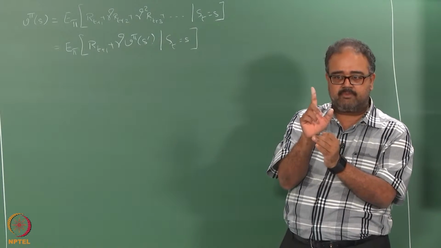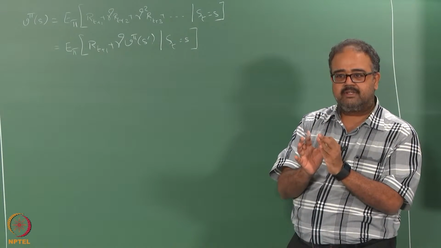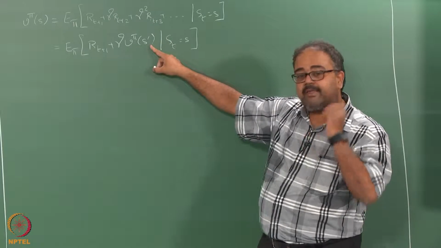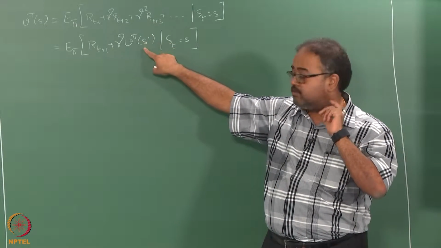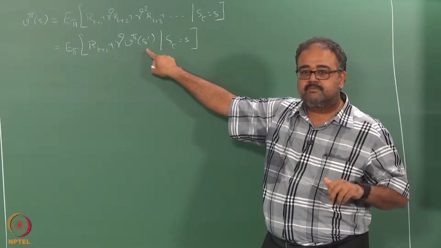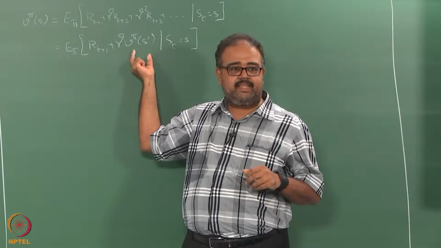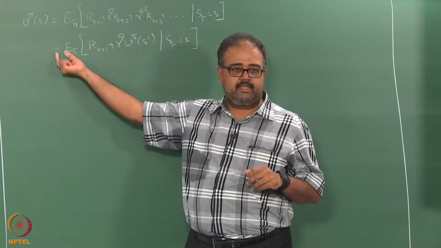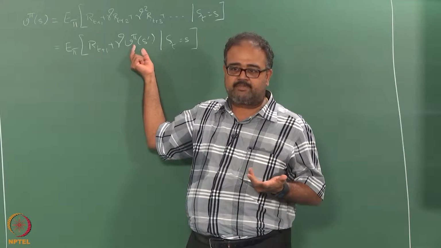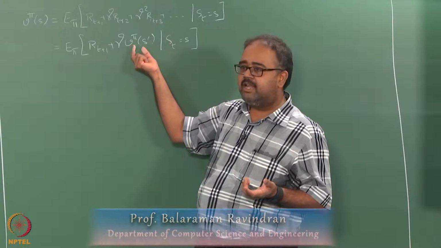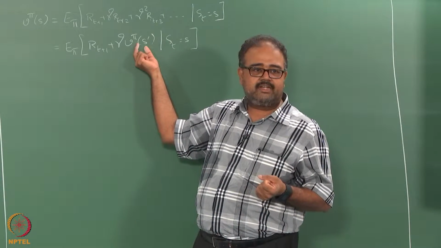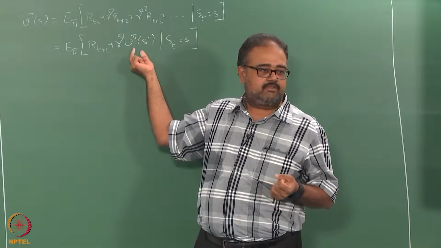But one thing you have to remember is it's only a partial expectation because S prime can change. So for me to get the full expectation, I need to condition on S prime also. That is why this expression is still inside the expectation. If this had been the full expectation, I could have taken it out of the expectation. Since it is still only partially conditioned, I need to condition it on the full thing, okay?